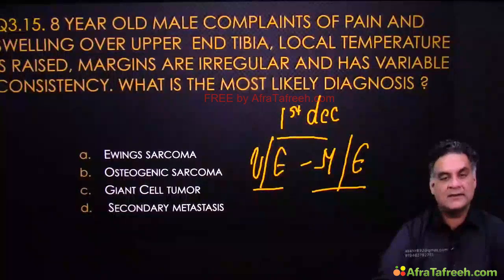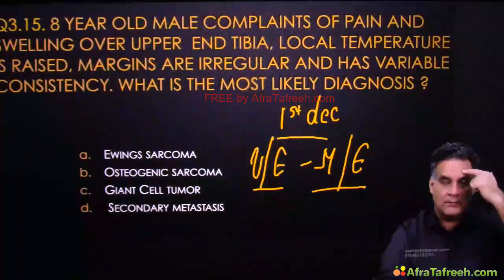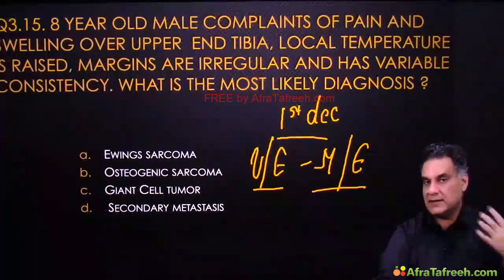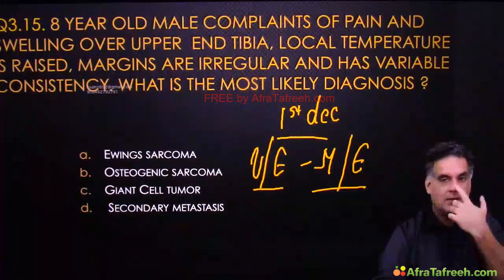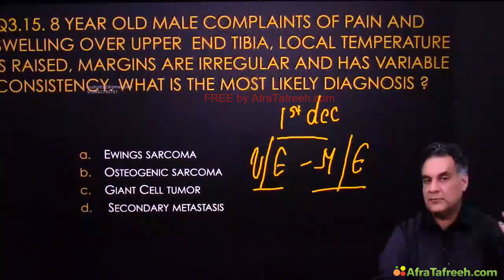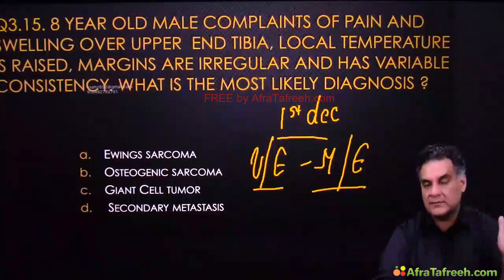Uniform consistency: if you touch a bone tumor, it will be hard throughout. Hard is bone. A tumor coming from cartilage will be firm, like the nose. A tumor with a soft component will be soft, like the lips.